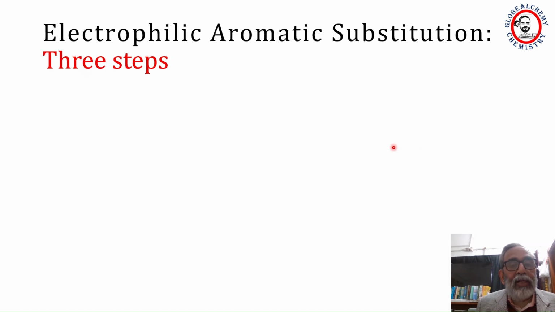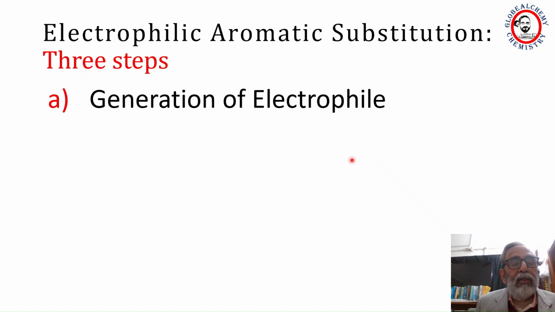So electrophilic aromatic substitution occurs in 3 steps. So what are the 3 steps? The first step is the generation of electrophile. So first we have to generate an electrophile, and for generation of electrophile, it requires a catalyst.